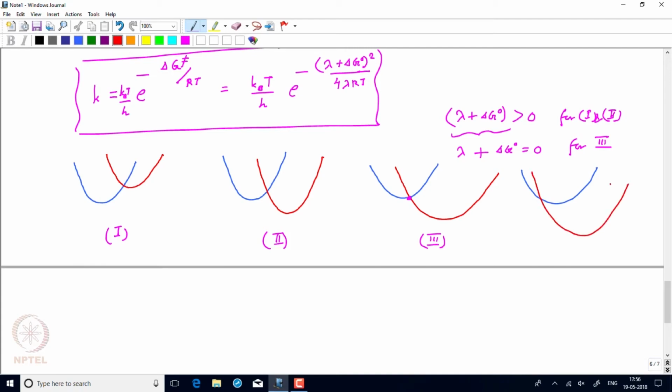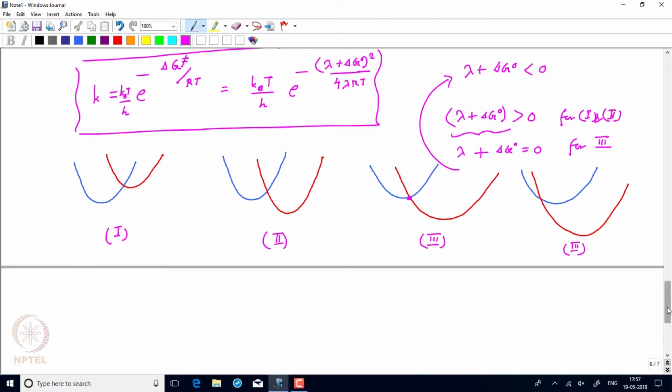Now in this case delta G0 is very negative, and I can write it here for case 4: lambda plus delta G0 is negative here. And since we are considering the square of that term, again that's a positive number, and then again the reaction rate will fall as we increase the delta G0.